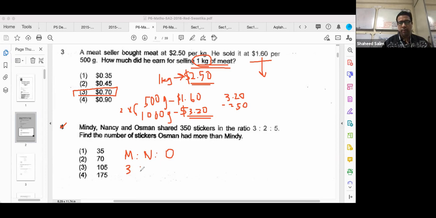And 3 is to 2 is to 5. Please send your answer. Four.